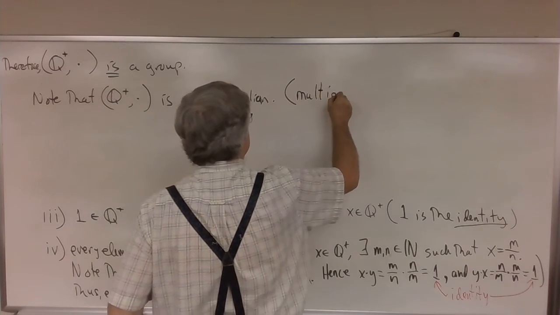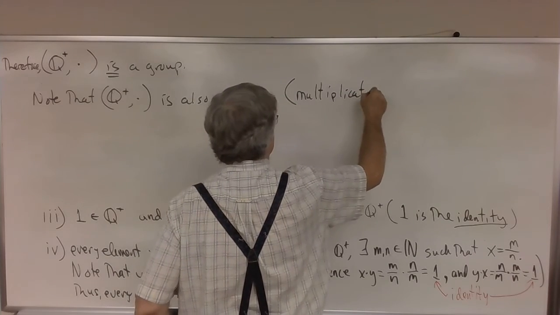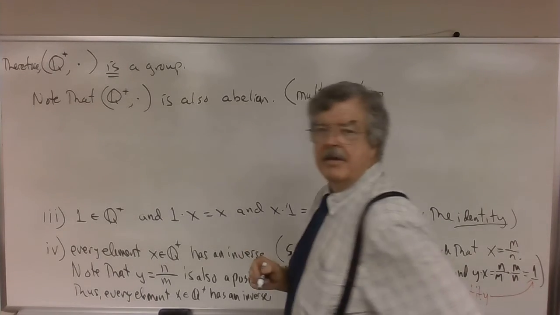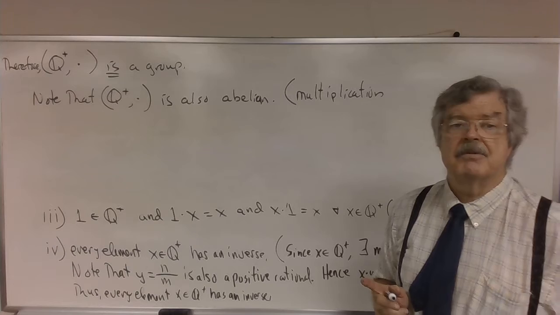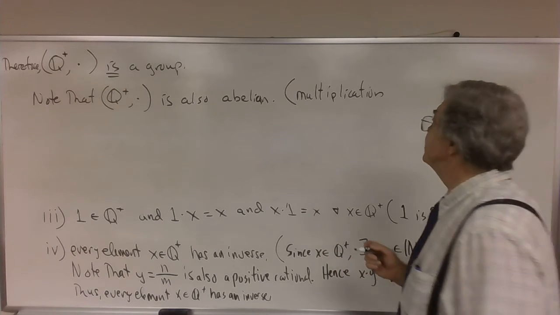And we can just use the fact that multiplication of real numbers in general is commutative.